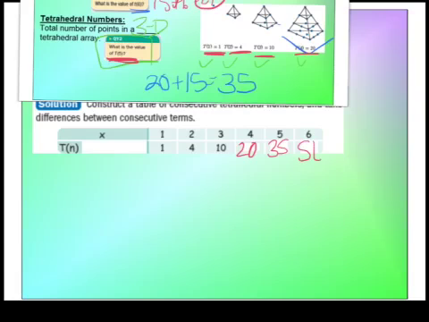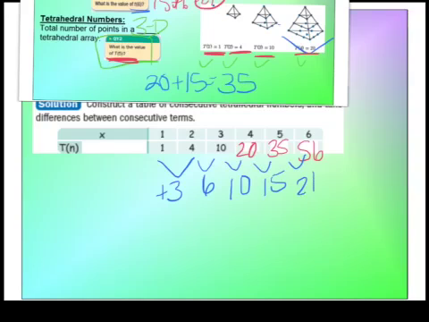Okay. They want us to figure out if we were to put this data and graph it, is it a linear function, a quadratic, a cubic, a quartic, and what have you. So just look at the differences, as simple as that. So right here the differences are going to be plus 3, 6, 10, 15, and 21.